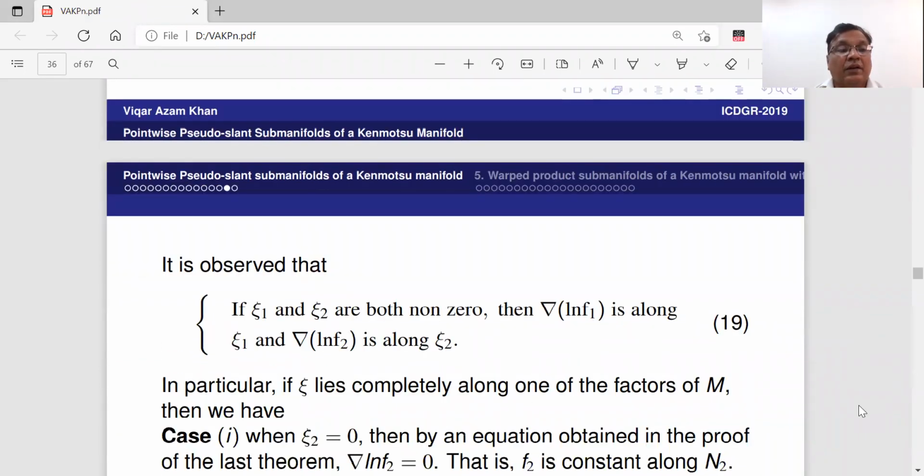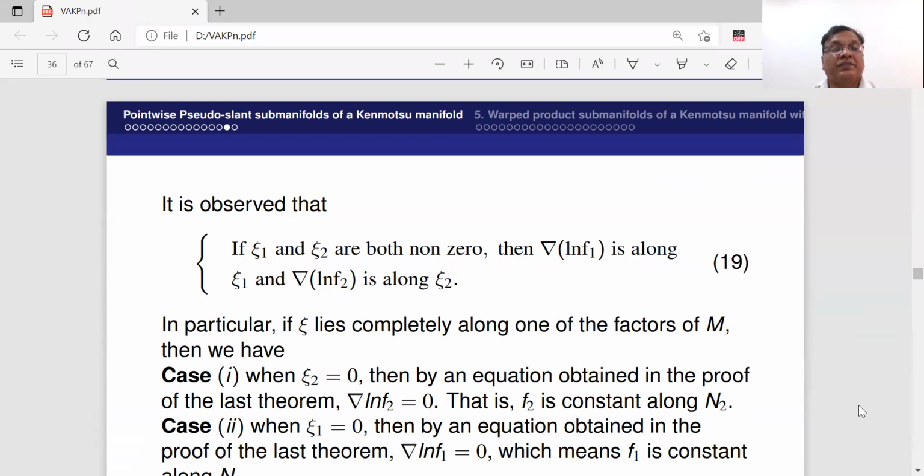Now, it is observed that if xi1 and xi2 denote the components, if xi is not completely normal, then it will have components. So if xi1 and xi2 are the components of xi along N1 and N2, and if xi1 and xi2 are both non-zero, then grad ln F1 is along xi1 and grad ln F2 is along xi2. This is the observation that we made from the last theorem.